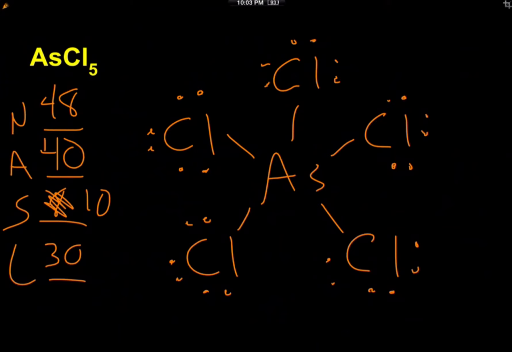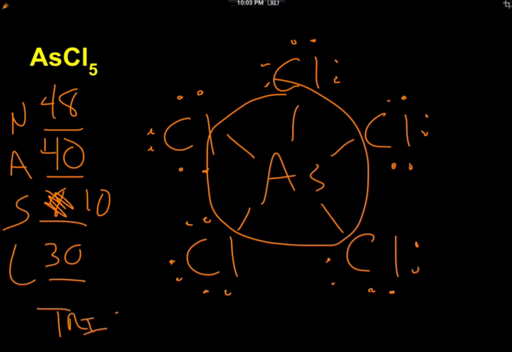Arsenic has an expanded octet of 10 electrons, which means when we go to look at the shape, we're now looking at 5 bond regions. 5 bond regions results in what is called the trigonal bipyramidal shape.